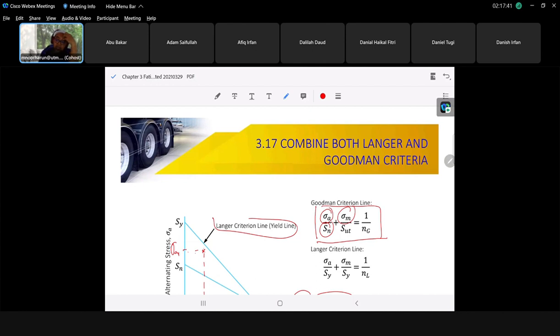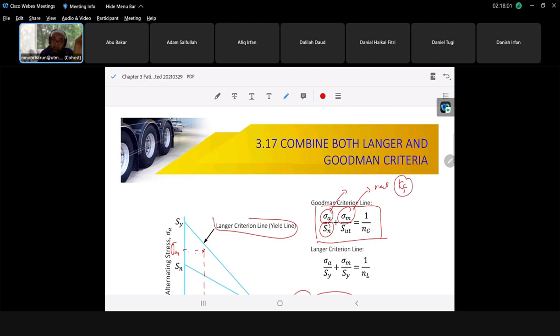So this sigma A, sigma min, this is real, after you multiply with the stress concentration factor. Meaning you have to multiply with KF.